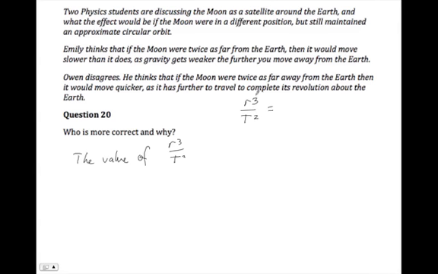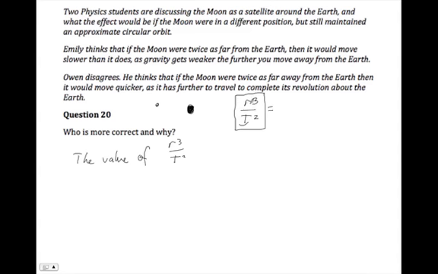And don't forget that this ratio is fixed for every single thing that orbits the same central body. So in this case, we're talking about the Earth here and the Moon here. If we move this closer in or further out, it's still going to have to conform to the same ratio.